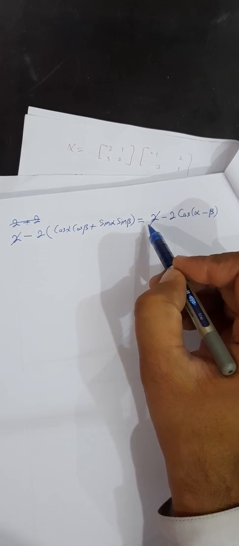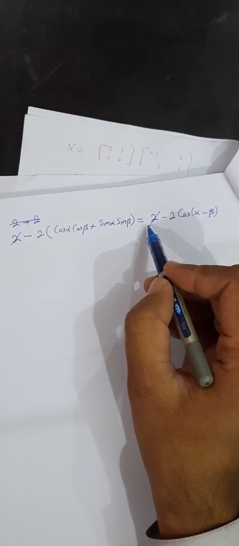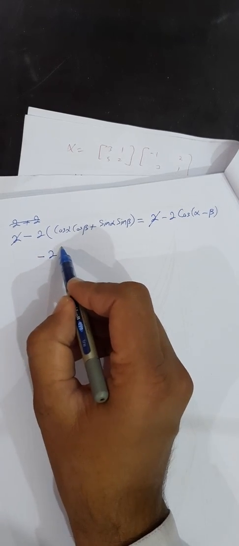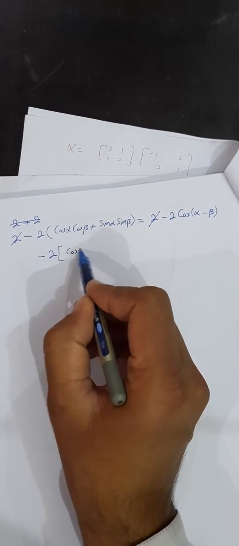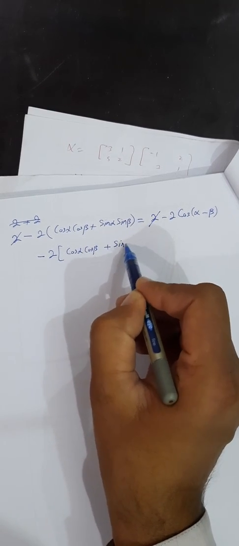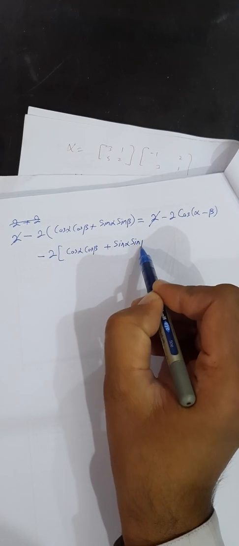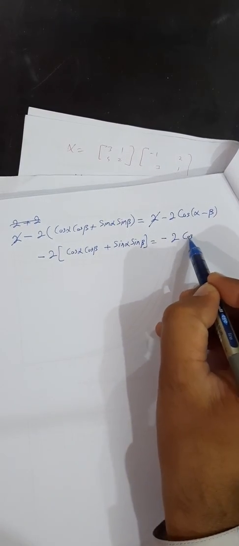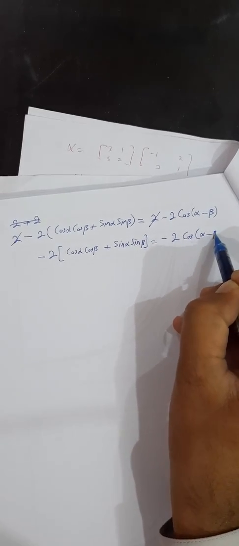Now you can see that this 2 and this 2 on both sides of the equation will cancel each other. Now the remaining term is what? Minus 2 (cos alpha cos beta plus sin alpha sin beta) is equal to negative 2 cos(alpha minus beta).